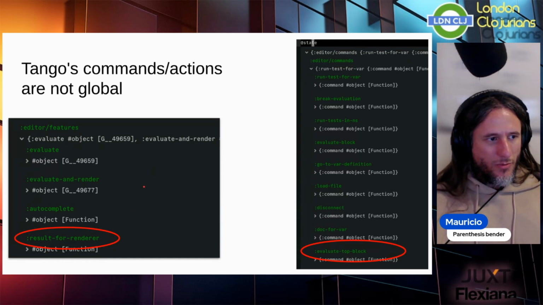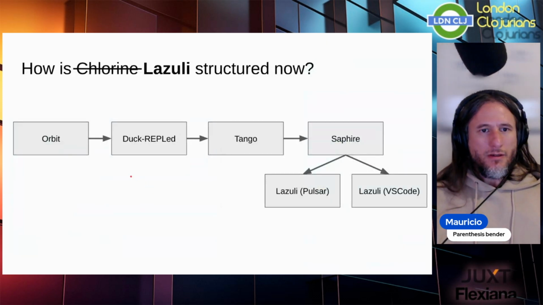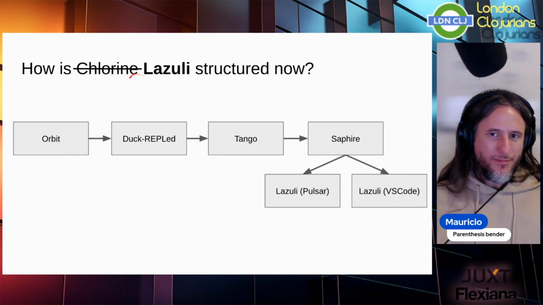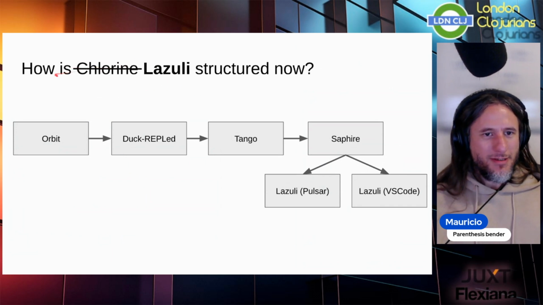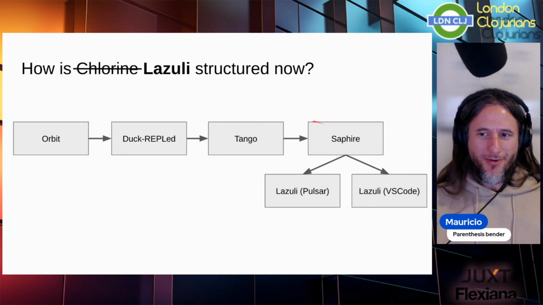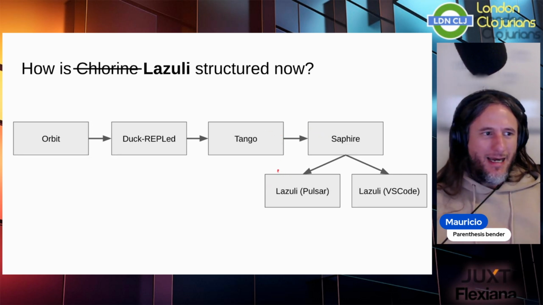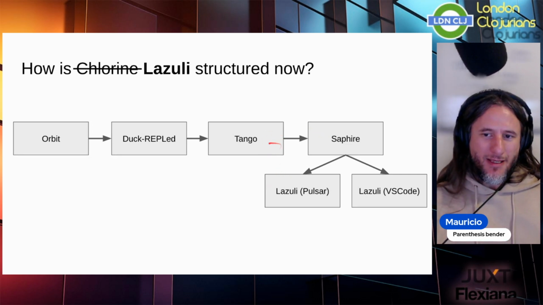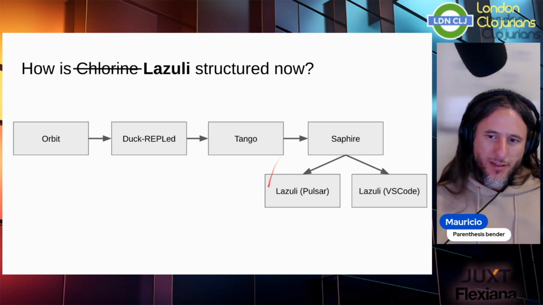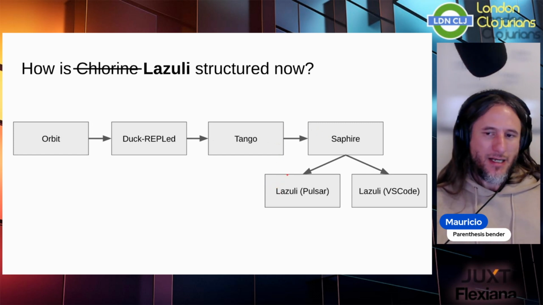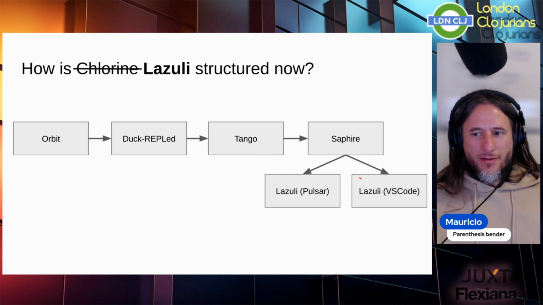Okay, so how is Lazuli structured right now? Notice that I don't have Chlorine anymore here. There's a reason for that. At the beginning, I decided to get everything that I wanted and put it inside the Pulsar and the Lazuli plugin. But then somebody said, okay, can you do a VS Code version?